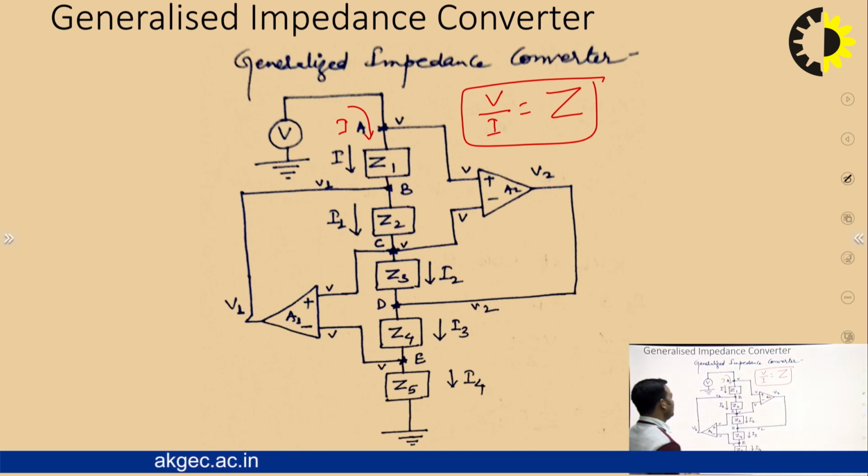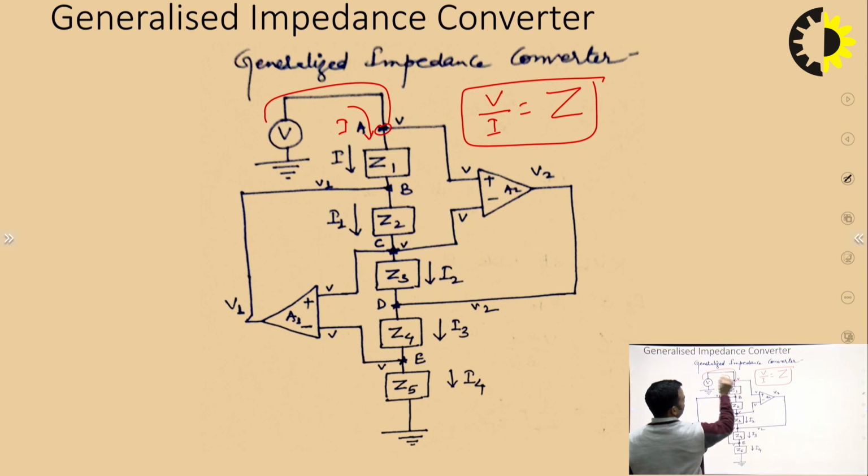See, we have connected two amplifiers. Now, let us consider that the voltage of this point is V. Then potential of this point will also be V. Again, the potential of this lead will also be V via virtual short circuit concept in operational amplifier. If this is V, then this will also be V via virtual short circuit.